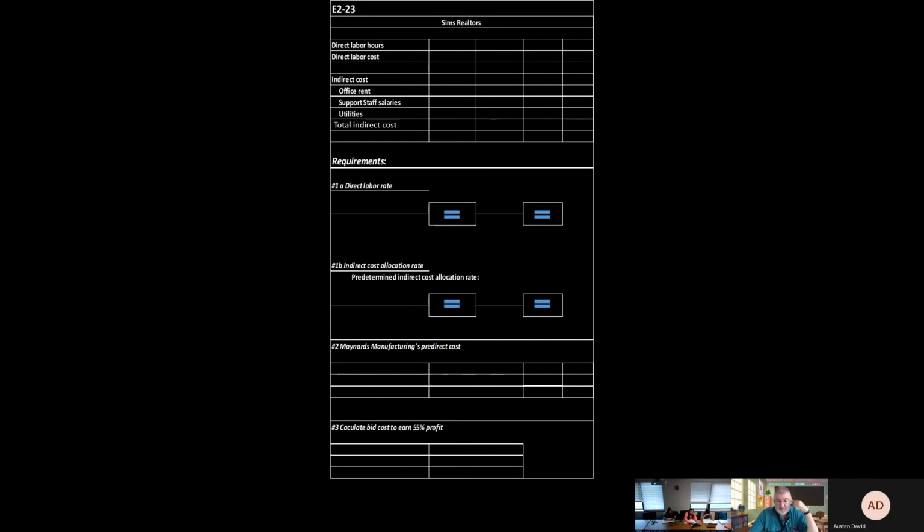Okay. So our first requirement for 2-23 is to come up with the hourly direct labor rate. So how do you figure we're going to get the hourly direct labor rate? Well, the book has the labor hours and the labor costs, so I'm guessing that you need to divide those.